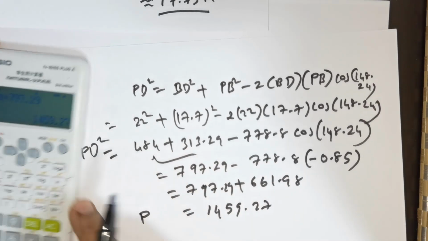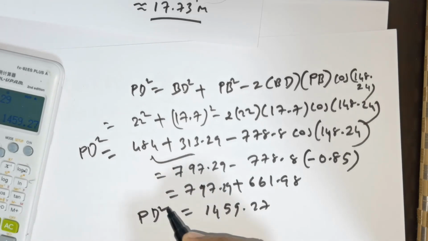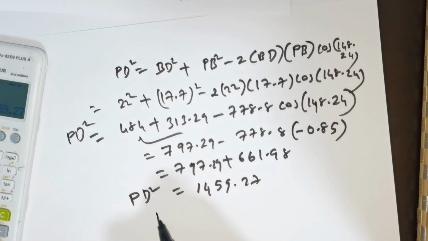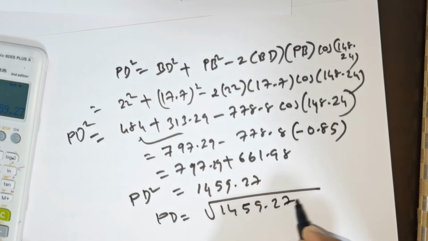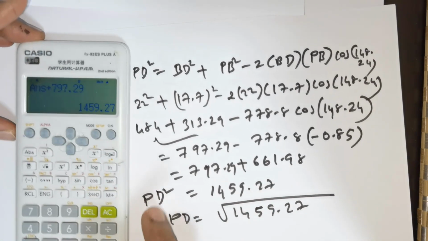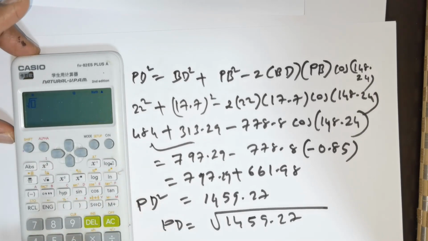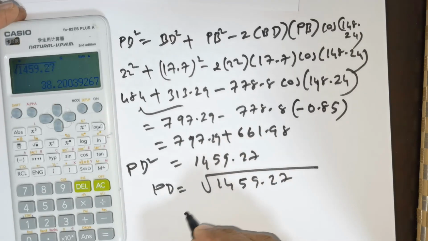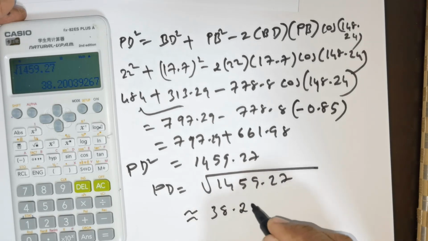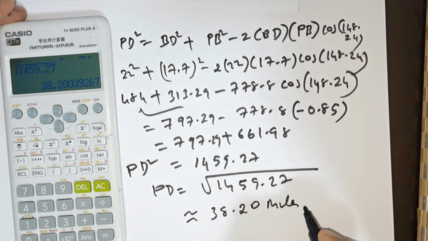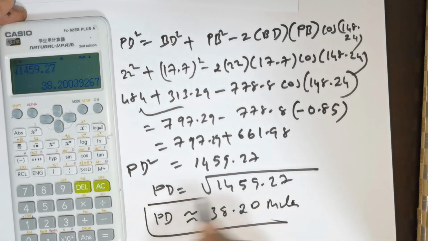This is my PD squared. So PD is equal to square root of 1459.27. I take the square root of 1459.27, and that is giving me approximately 38.20 miles. So this is my PD.